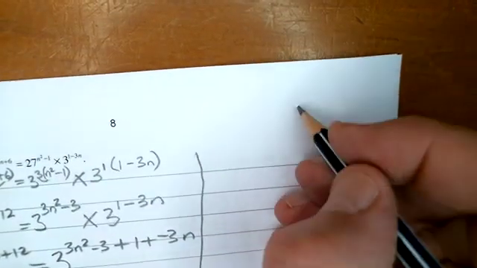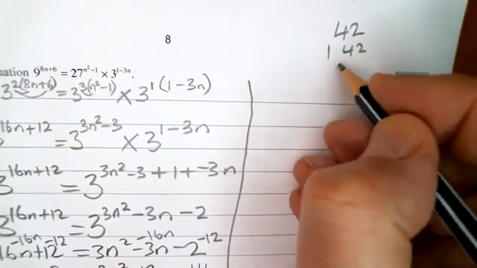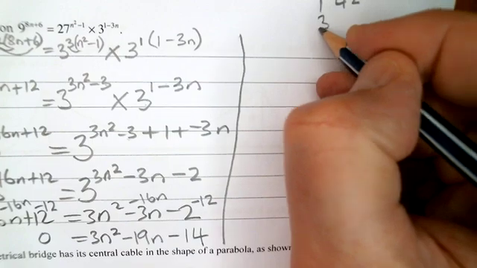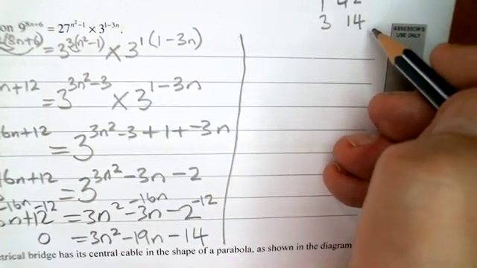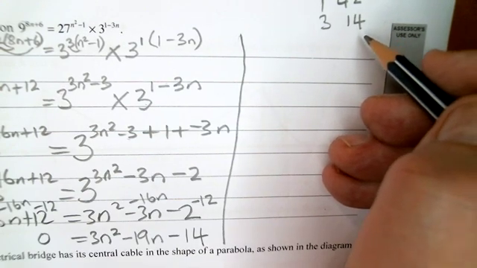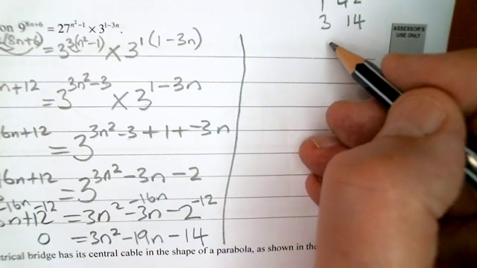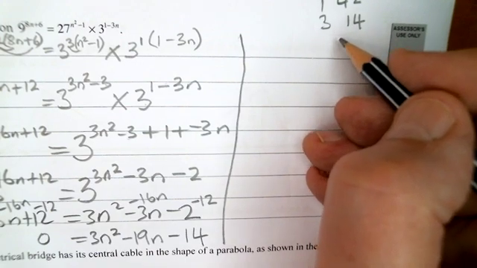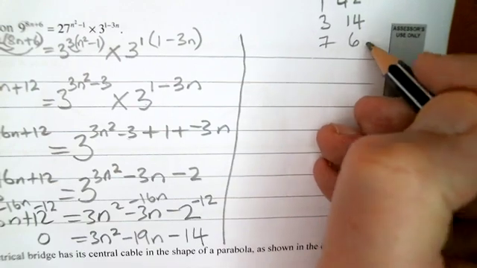So we want some factors of 42, like 1 and 42, and we want something that adds or subtracts to 19. Obviously, 7 times 6 is 42.